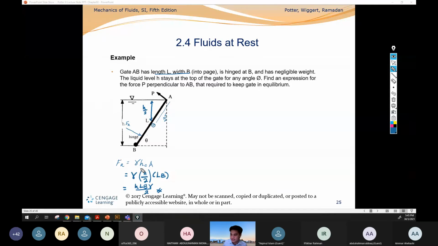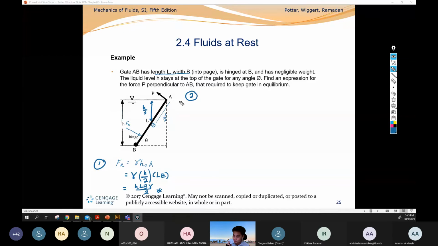Next, what do we need to find, everyone? This is the first step. Second step, of course, we need to find I_xx, but before that, we need to find y_cp. Why do we need to find y_cp? Because it gives the distance of Fr.